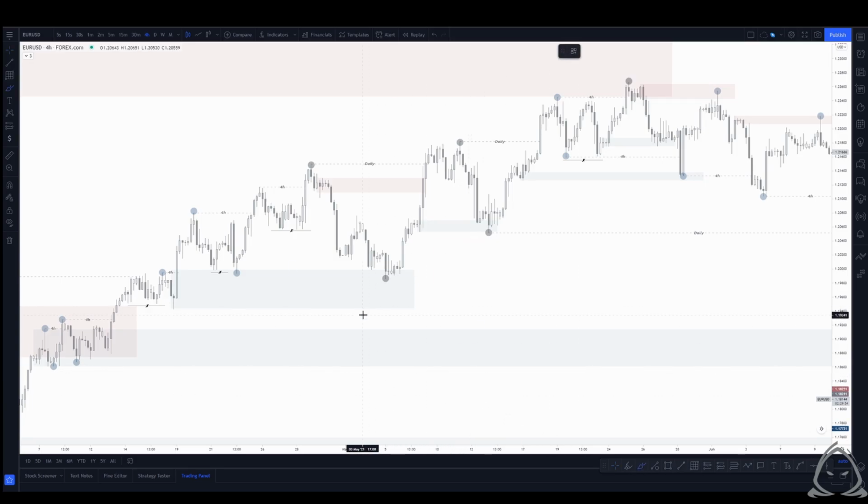Now, one thing to note about liquidity, though, is don't trade anticipating a particular sweep of liquidity or a potential fill of a void, things like that. Liquidity is just an understanding of where price is likely to go based on the logical order flow and the inner workings of any financial market. If we know that we have a large void right here, we know that we have equal lows, we know that we have a demand zone, we know that there's a high probability that price is going to move back down into that area and rebalance.